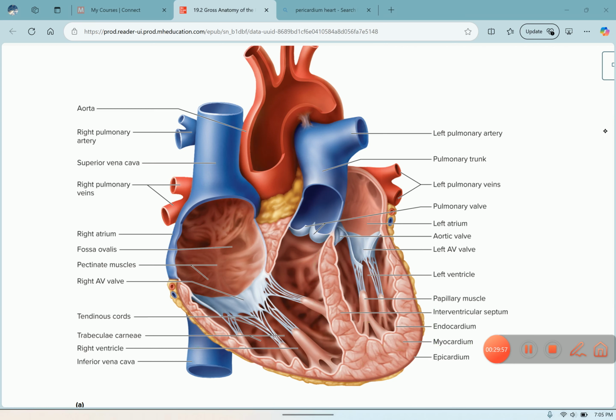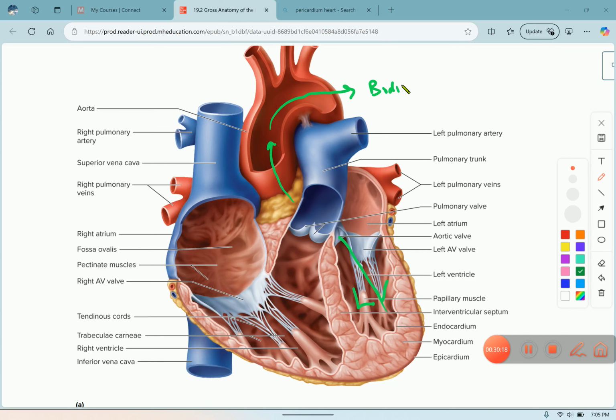Now the reason for that is because when the left ventricle squeezes, when it contracts, it has to eject blood through the aortic valve into the aorta and into systemic circulation, so to the body. So it has to contract hard enough to send blood to the entire body. That's why the left ventricular wall is thicker than the right side.